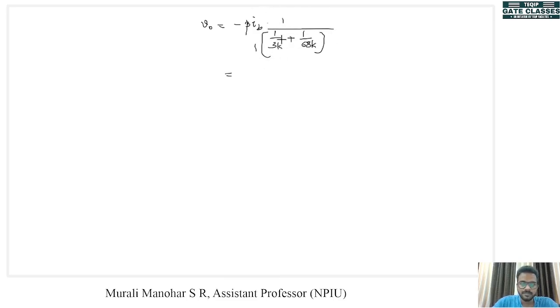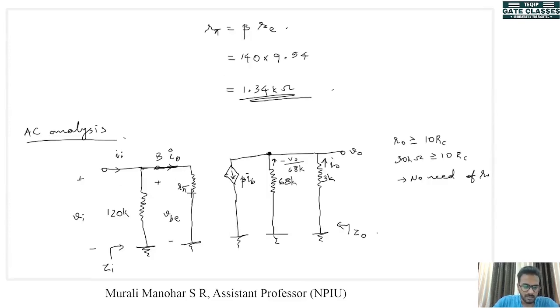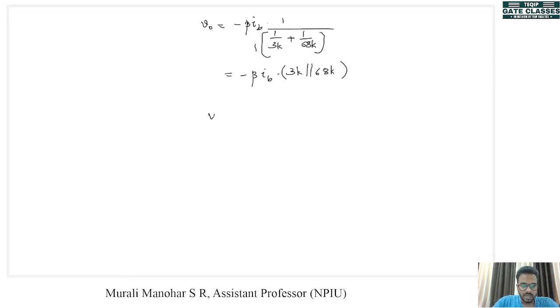So we can write minus beta IB into 3K parallel 68K. Okay, I am not calculating this, you will understand why. Then V in is same as VBE, so that is IB into R pi. So V in is equal to IB into R pi.